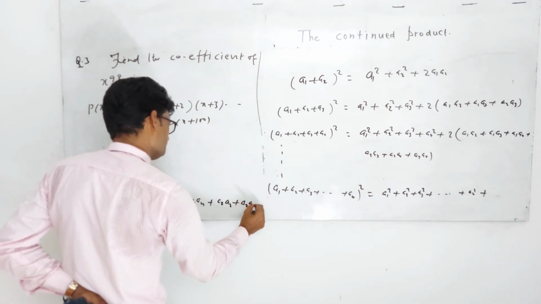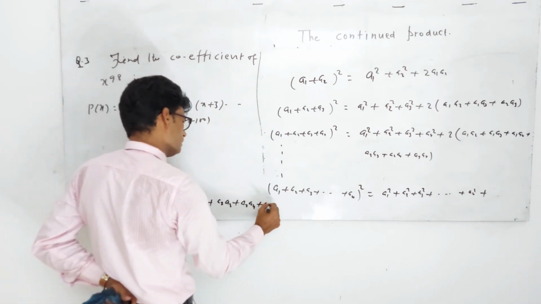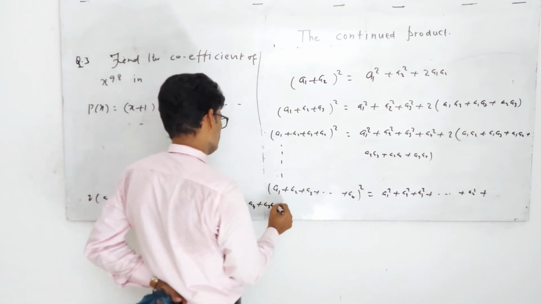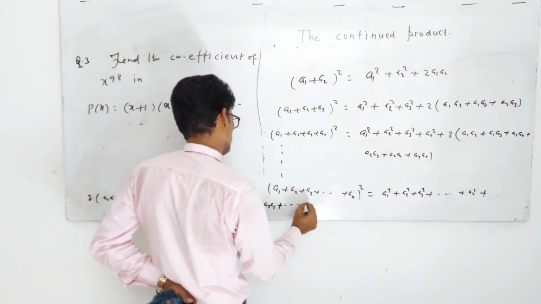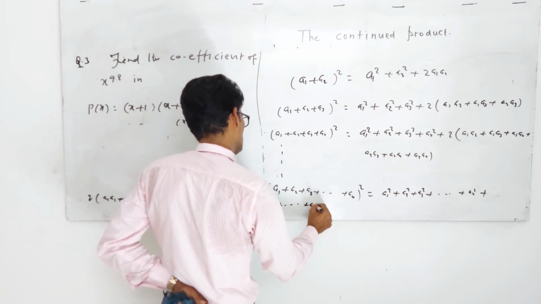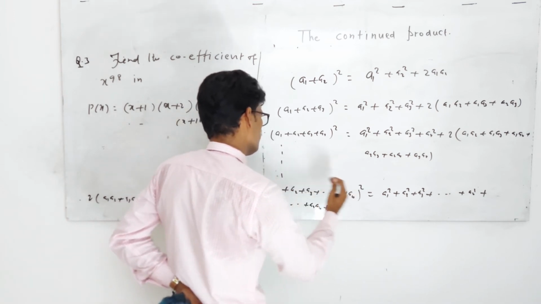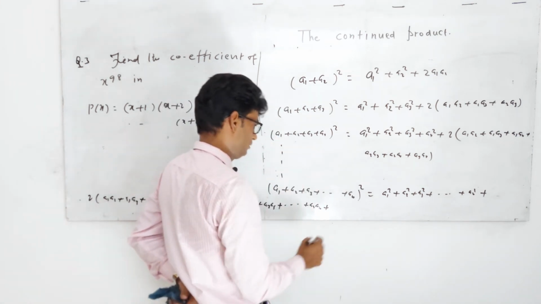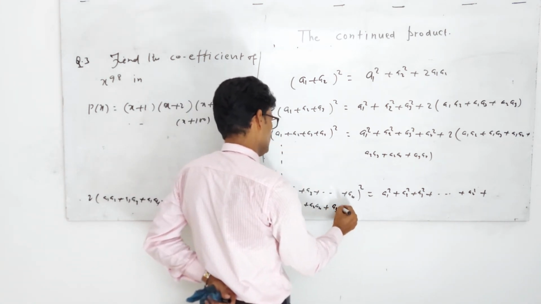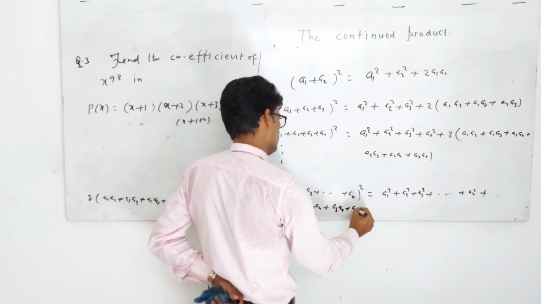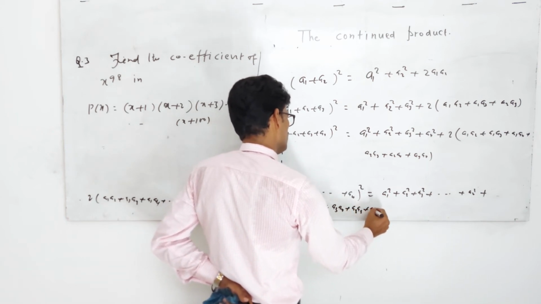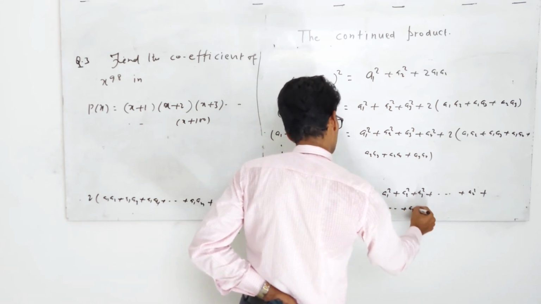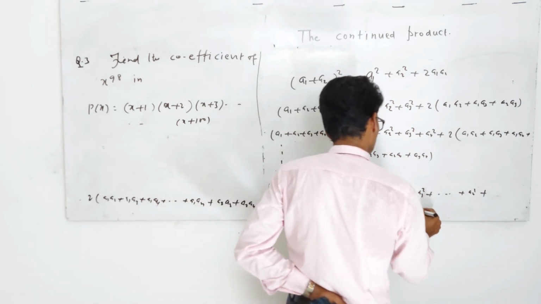a2 a4, a2 a5, plus dot dot dot plus a2 an. Now from a3, all possibilities in the forward direction. So here a3 a4, a3 a5, a3 a6, so on and so forth up to a3 an.